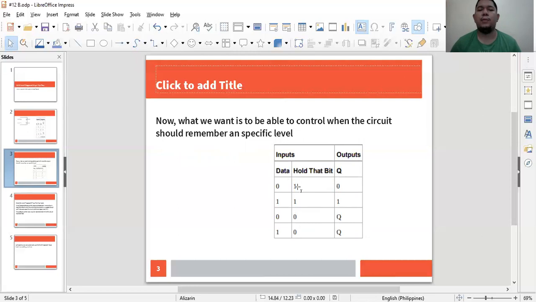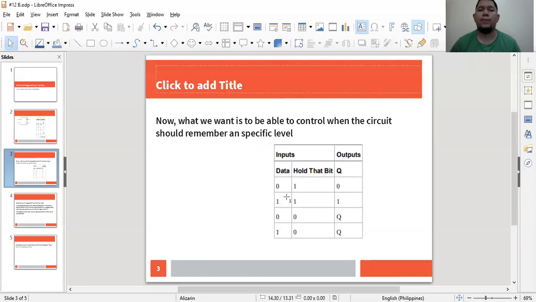Now, if we change the hold that bit to 1, we will level trigger it with the value of 1. When we change the hold that bit to 1, the data is being remembered as 0. Now, if we change the hold that bit back to 0, whatever we do, it remembers the previous value stored.